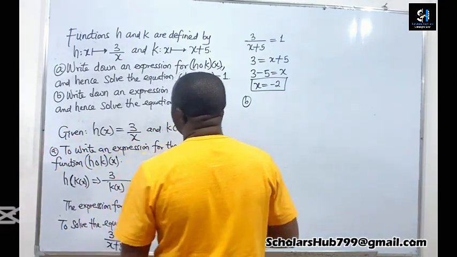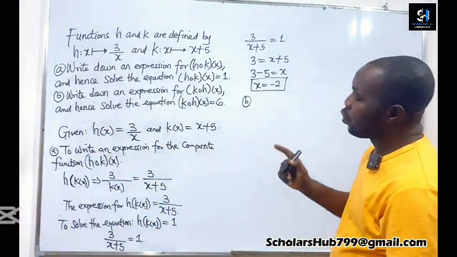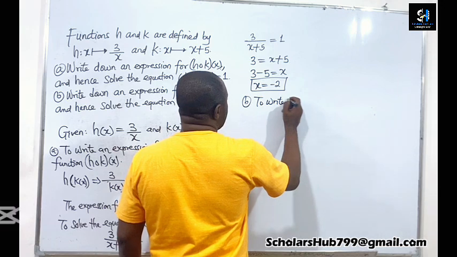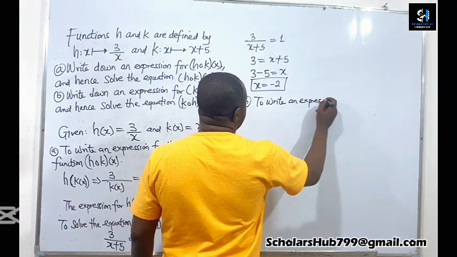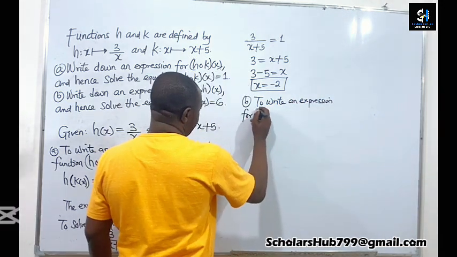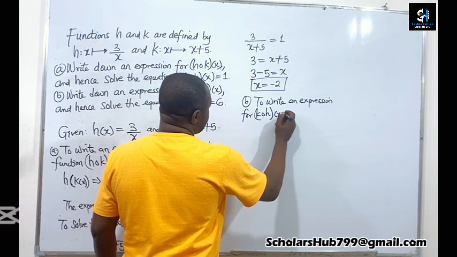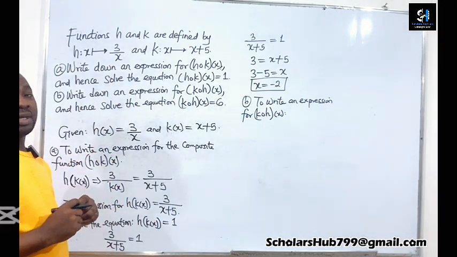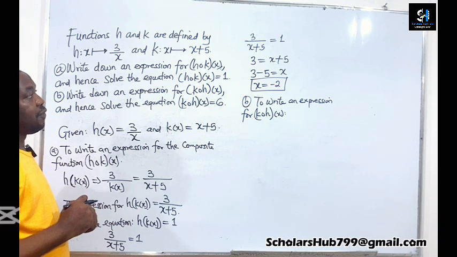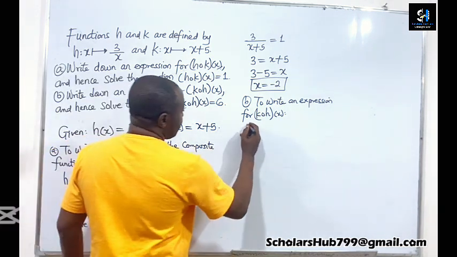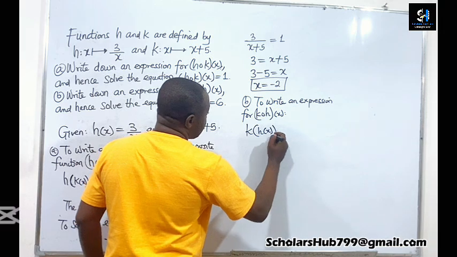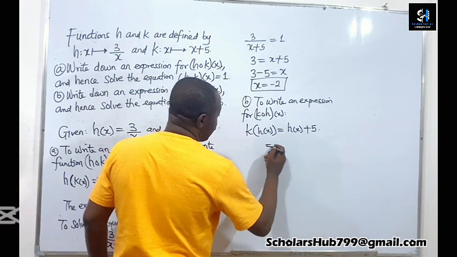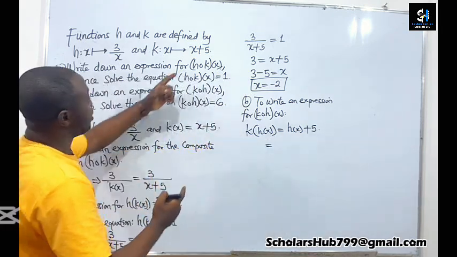Then B. Write down an expression for the composite function kh of x. To write an expression for kh of x, it means that I'm going to put h of x into k of x. So for kh of x, that is h of x plus 5, and h of x is what we are given to be x plus 5.